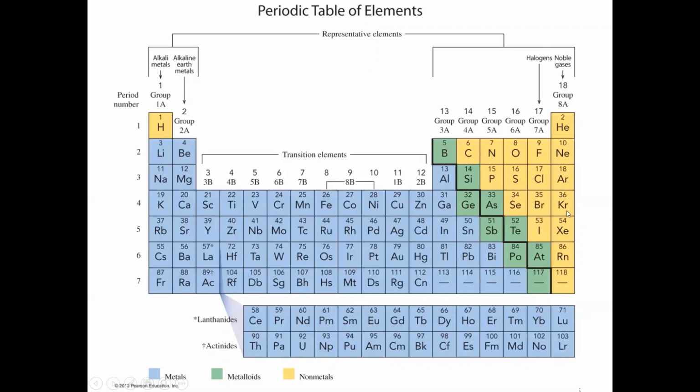And these are actually unreactive. We don't ever really deal with them, but they have what we call a complete octet or a complete outer shell. So we're going to refer back to them a lot. But that's also why they're considered the noble gases. So again, we have metals in blue, nonmetals in yellow, metalloids in green, and the step kind of divides them.